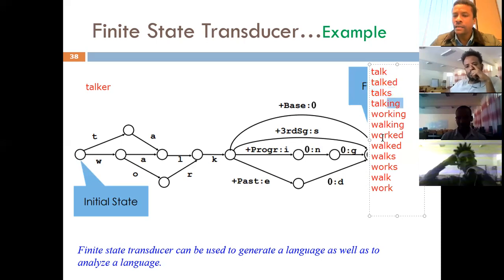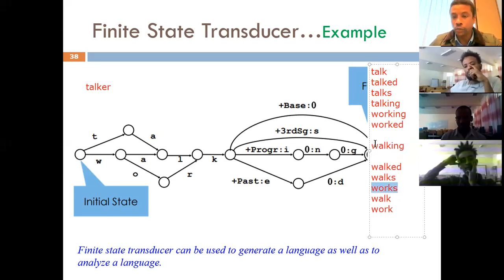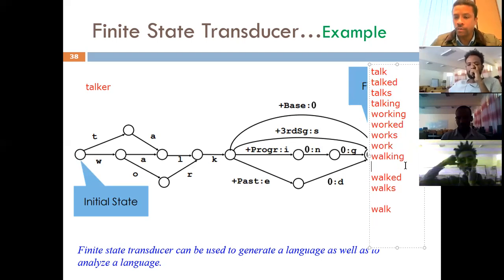The other words start with W, but the W has two options. If it starts with W, it can be followed by O or by A. And you can see it from the finite state model.